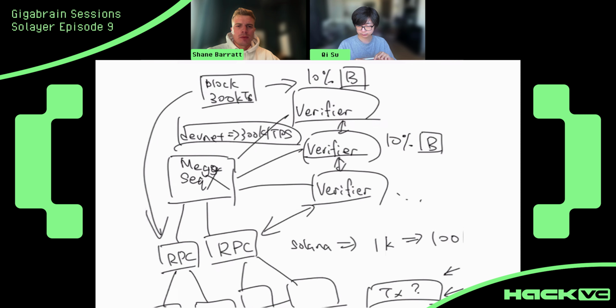And so from a user perspective, the confirmation of your transaction basically comes after your transaction was included in a block. Do you want to elaborate on that? As soon as our MegaETH sequencer pushes the stream to RPC or verifiers, it is considered confirmed.